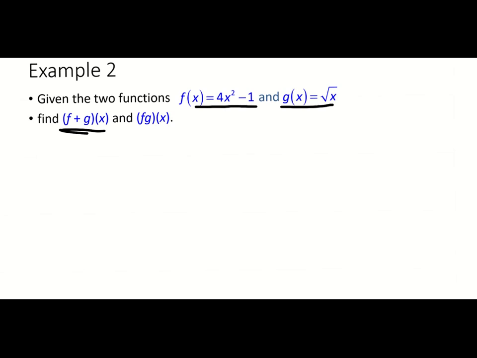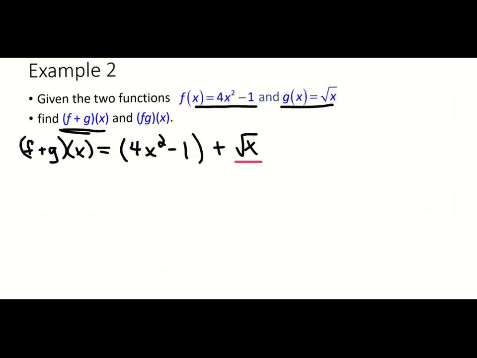So that means simply what I'm going to do for f plus g of x, it will be equal to 4x squared minus 1 plus the square root of x. And for this one, I don't really need the parentheses around the 4x squared minus 1. I put them in there, but we can remove them if we want. That's all we can do because I don't have any like terms, so I can't do any combining, so that would be my answer.